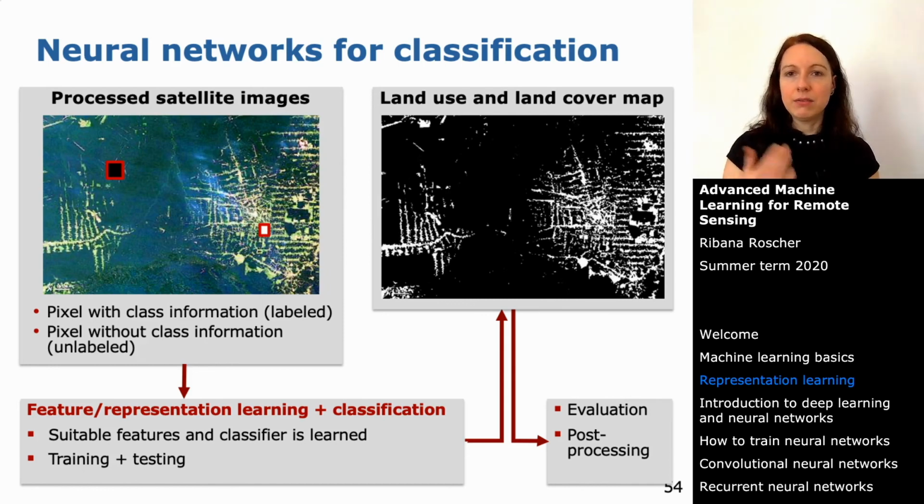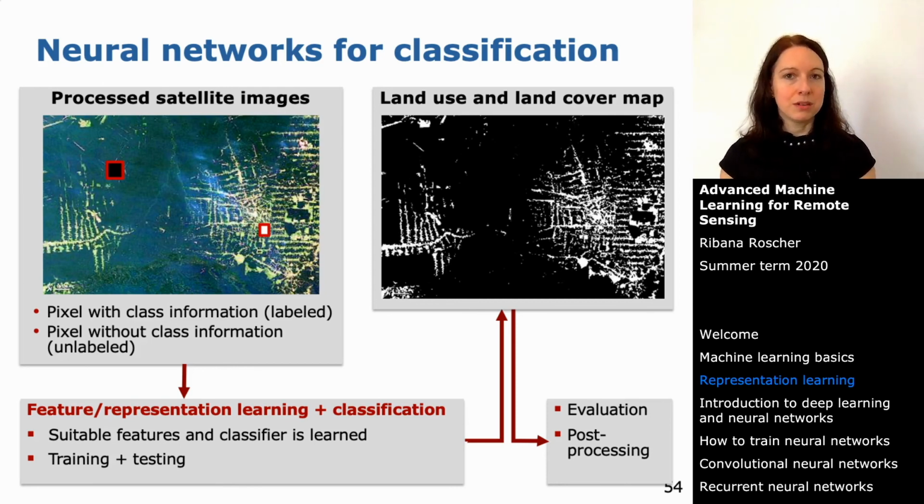And then you end up with a land use and land cover map when you apply the learned model to all the data you want to know the class of. And as before, in order to assess the quality of your model, you do some evaluation, and of course you're free to do some post-processing as well.